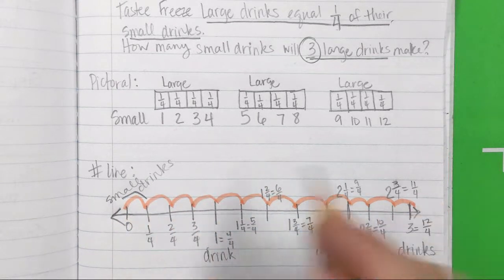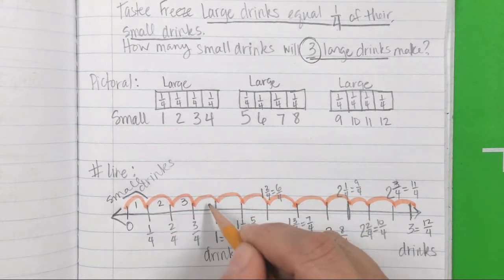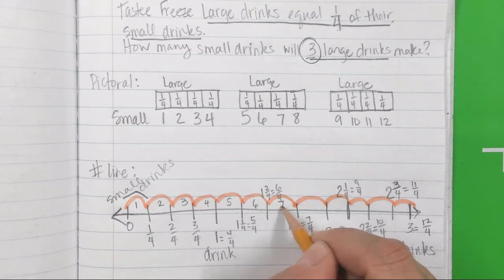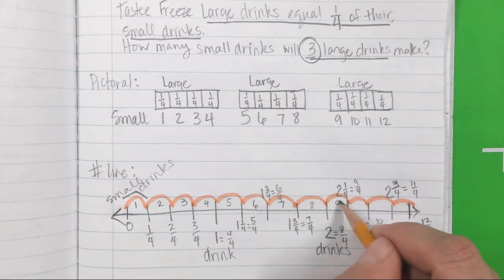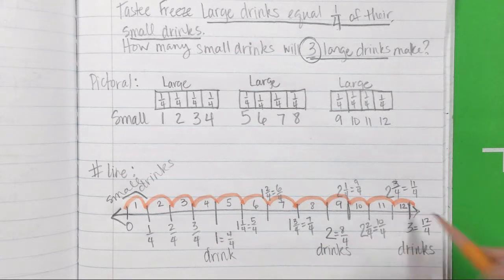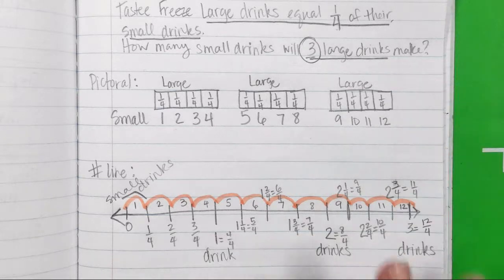Okay, so I got to count these humps, right? So I've got 1, 2, 3, 4, 5, 6, 7, 8, 9, 10, 11, 12. That's pretty amazing, isn't it?